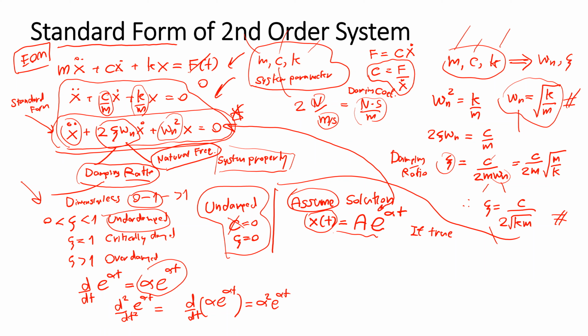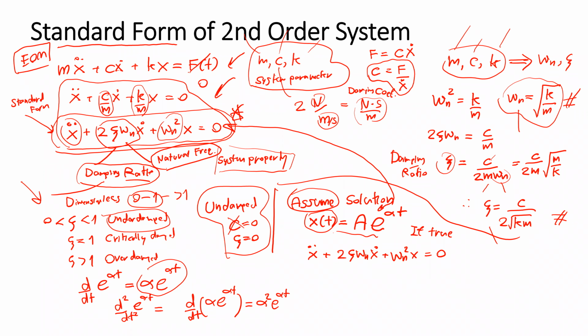So from the standard form, x double dot plus 2 psi omega n x dot plus omega n squared x equal to 0.